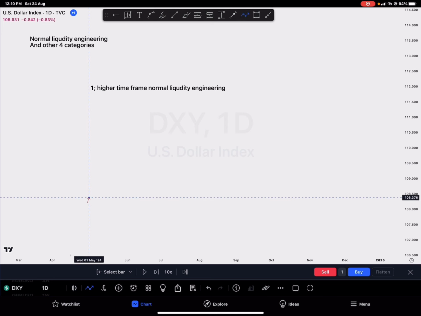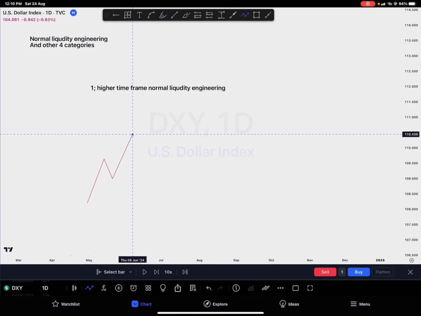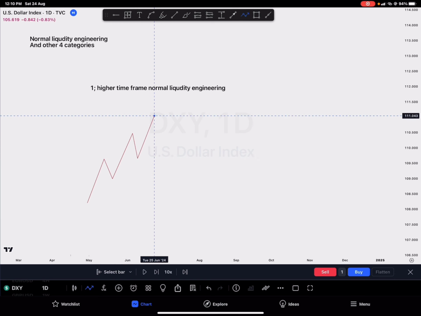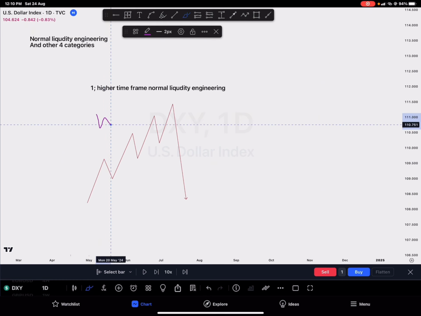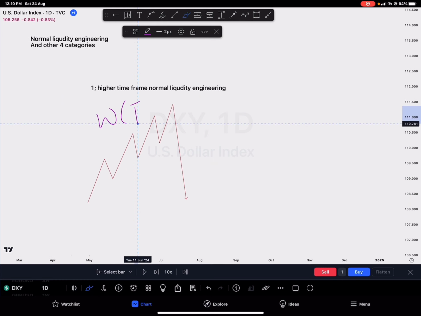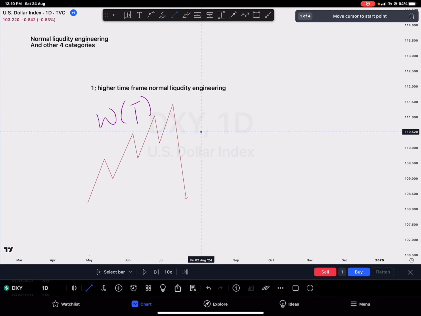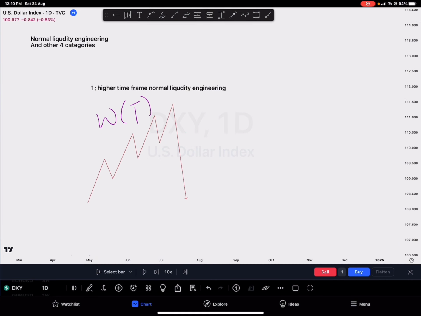Let's assume price is moving in a bullish scenario like this, and this is a weekly time frame. Price performs a shift, a break of market structure. I told you about the type of shift that always gives a hold.